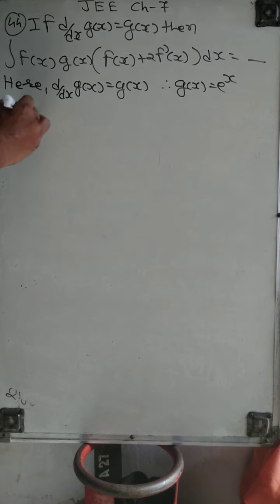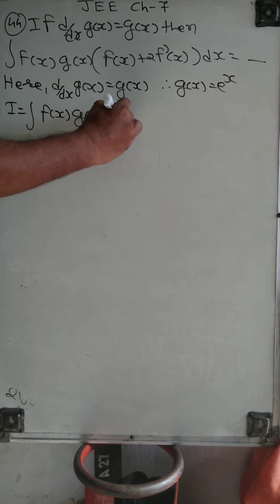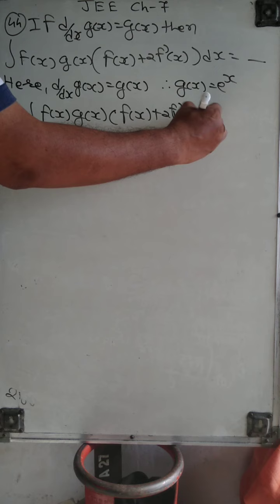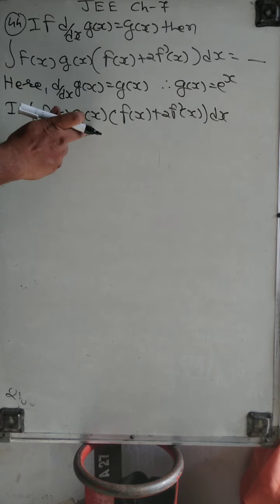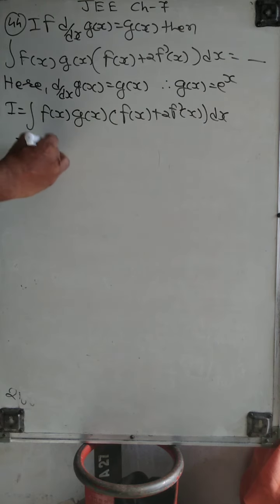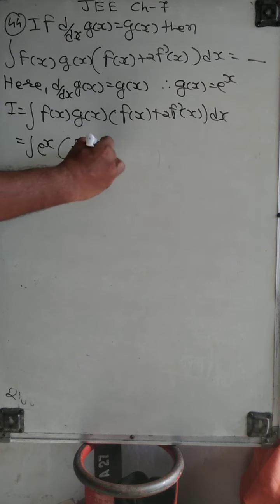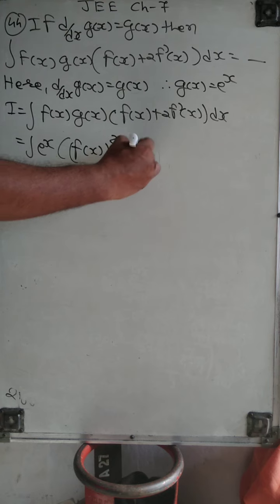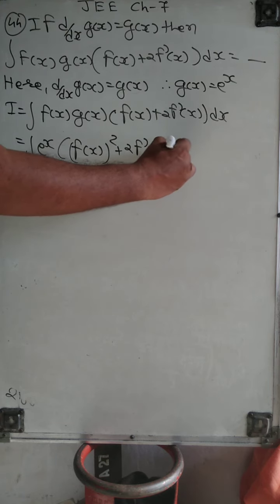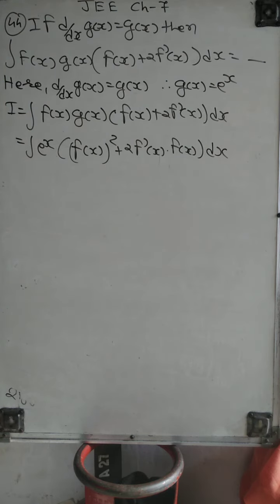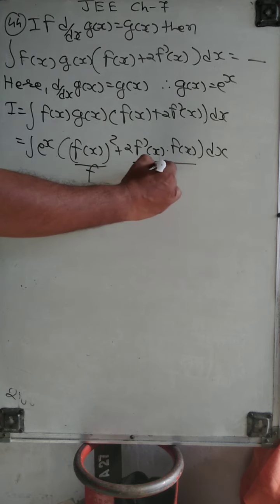Now we put I equal to integration g(x) [f(x) + 2f'(x)] dx, and we put the value of g(x) equal to e^x, and then multiply with the bracket: e^x [f(x) + 2f'(x)] dx. Now here you see that this is a function and this is its derivative.